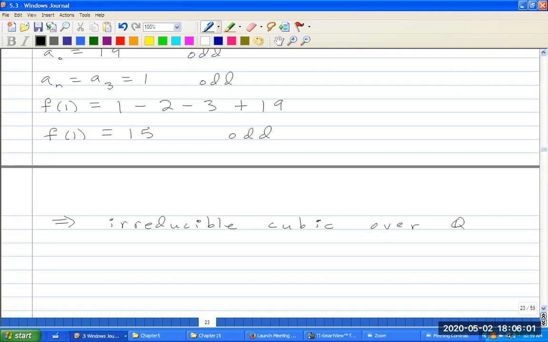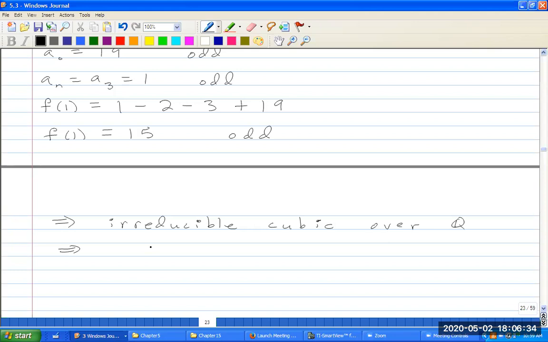However it factors, it would have had to have a polynomial of degree 1 in the factoring of it. Therefore, if it is irreducible, it means that it has no factor of degree 1. Therefore, it means it has no roots. So for a polynomial of this degree, irreducibility means that there are no rational roots.